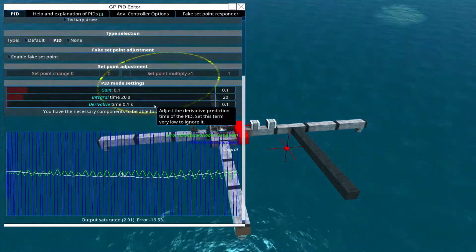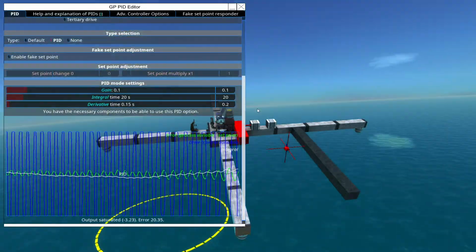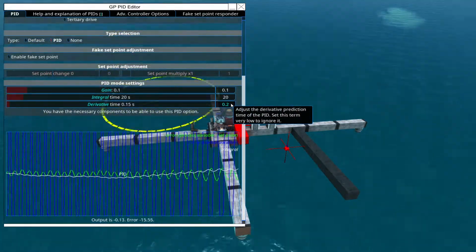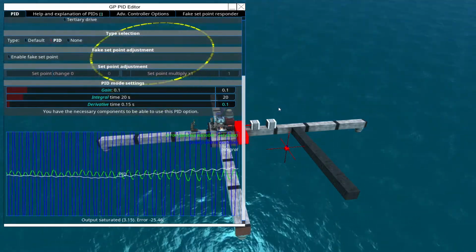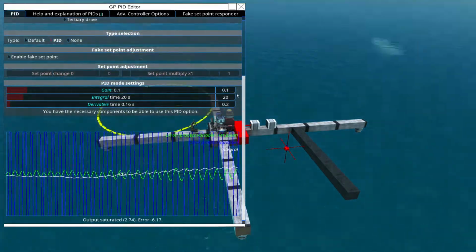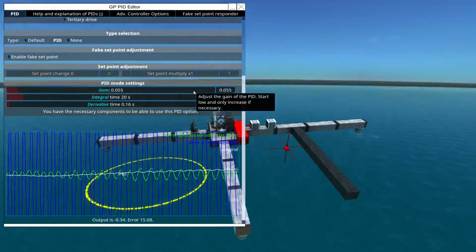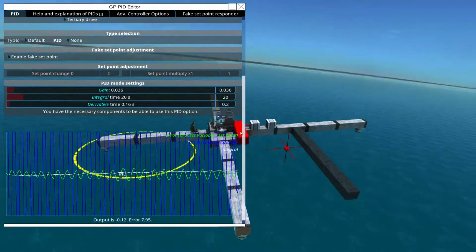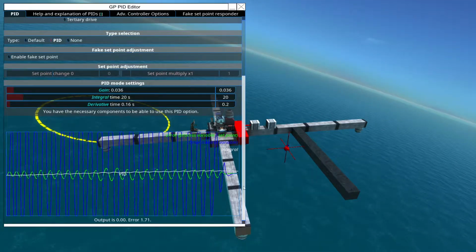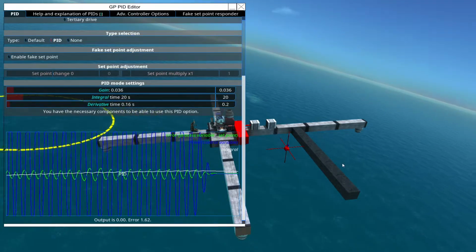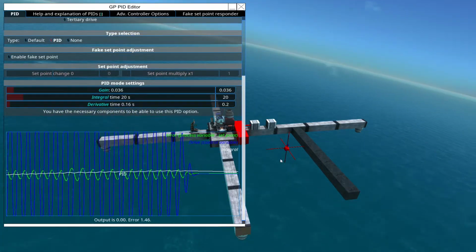And now I have to become very precise. Something like that. And yeah, this isn't really the way to do it, but you could do that. So try to just adjust the derivative to your system. Yeah, something like that.